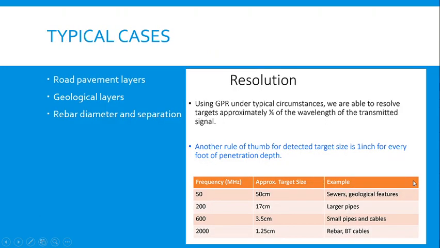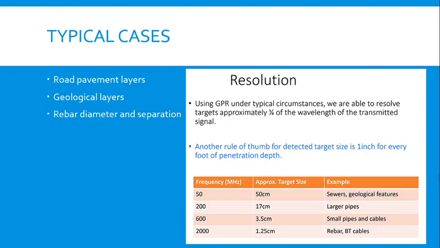Now for typical examples where the radial resolution plays a role: suppose we have a project where we have to define different layers of pavement of a road, which is from millimeters to some centimeters, then the resolution has to be taken very carefully.